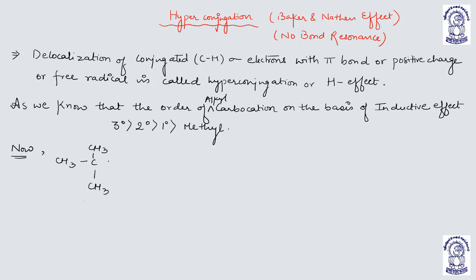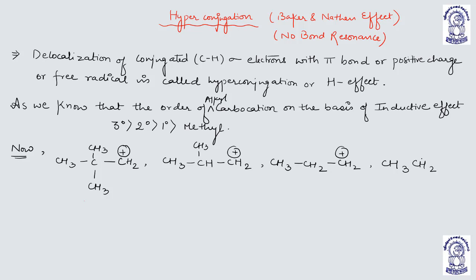If a tertiary alkyl group is attached to a carbon having a positive charge, an isopropyl group attached to the carbon having a positive charge, an ethyl group attached to the carbon having a positive charge, and this is the ethyl carbocation.